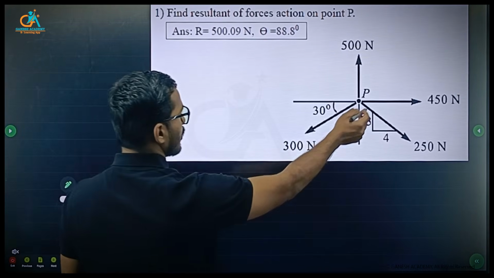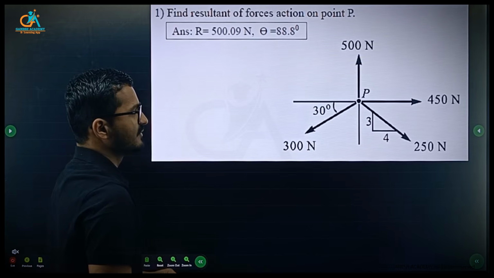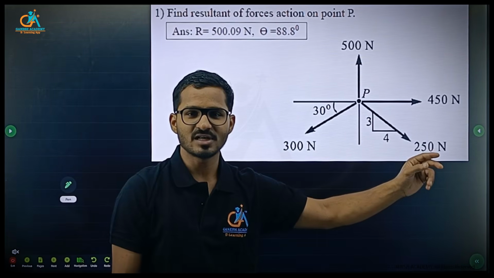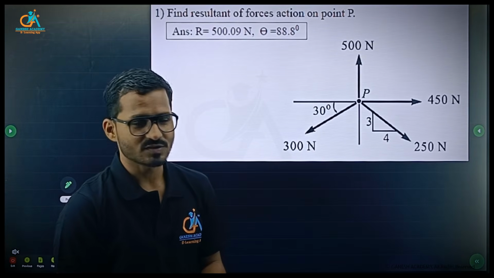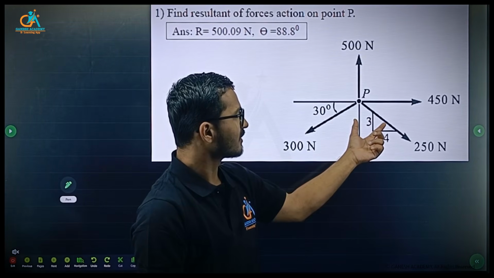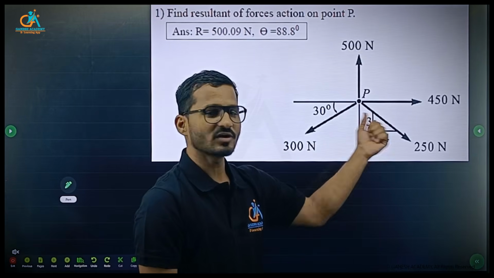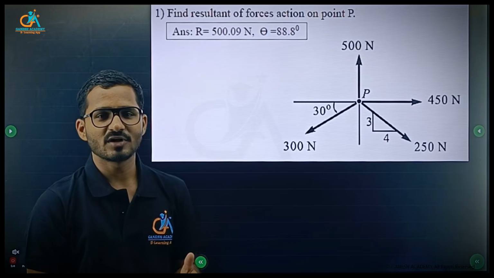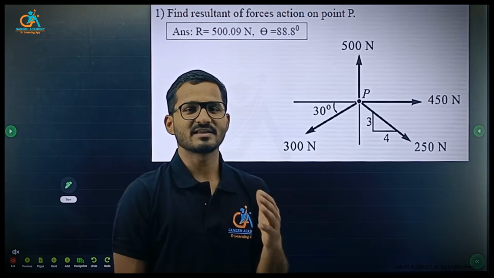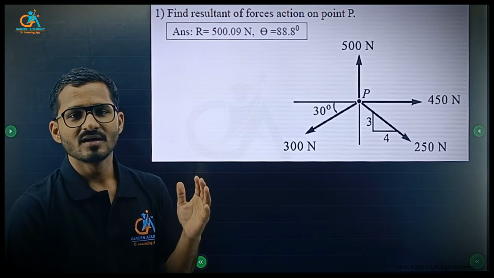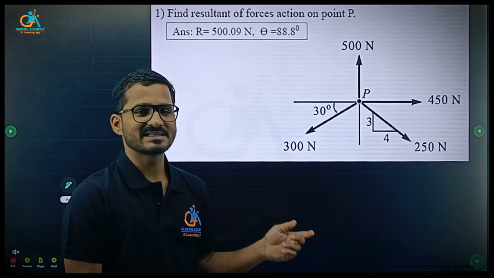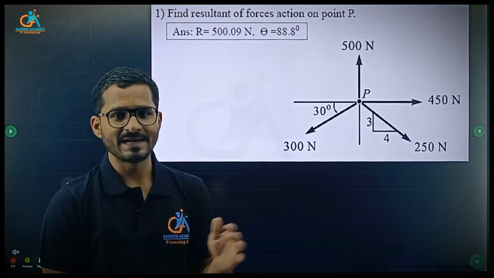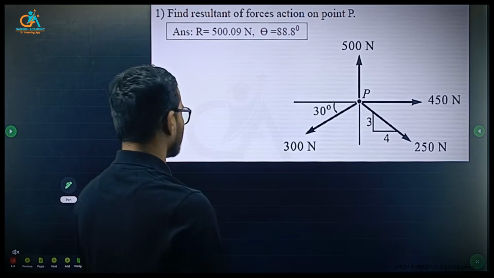The horizontal component summation of these forces should be equal to the horizontal component of the resultant force, and the summation of vertical components of the forces will be equal to the vertical component of the resultant force, and then we can easily find the resultant force in direction as well as in magnitude by using the analytical method, right? So solve करते हैं इसको.